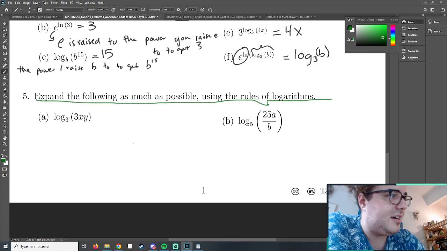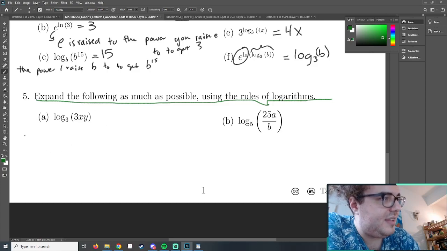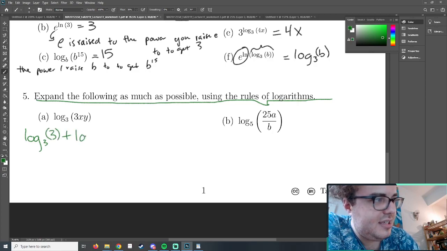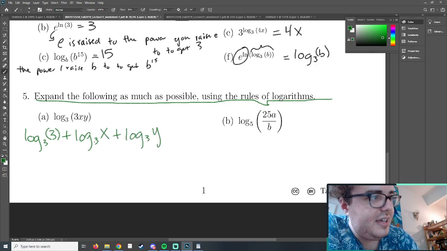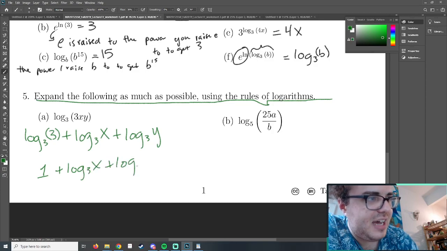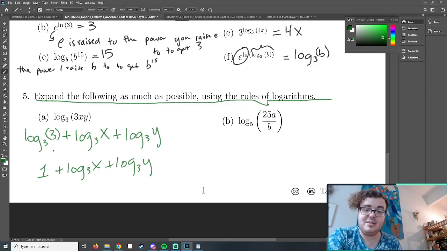So for example here, I can write this as log base 3 of 3 plus log base 3 of x plus log base 3 of y. Now, technically speaking, if I was being nitpicky, this would become a 1. I would accept either of these answers, though, unless they specify that you should keep everything in log form or that you should simplify anything that could simplify. So this is what they mean by expanding.